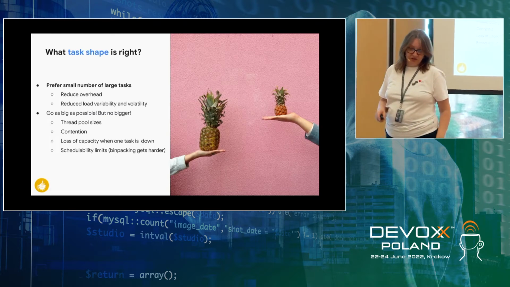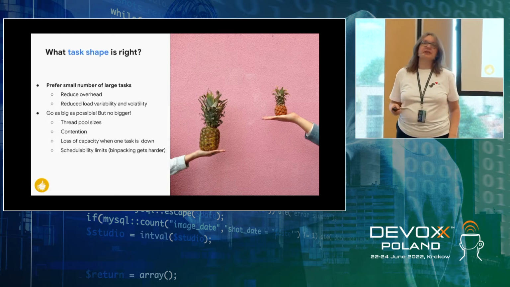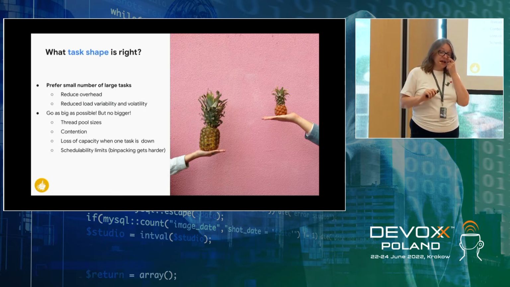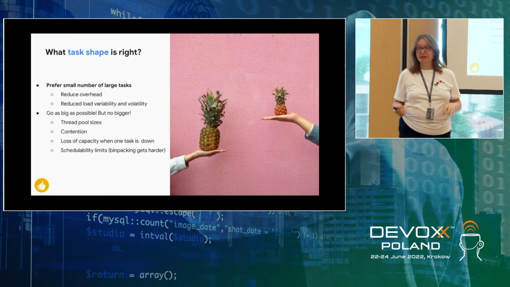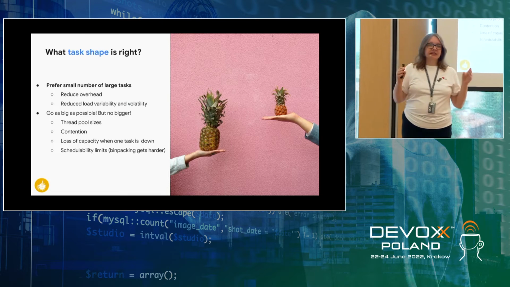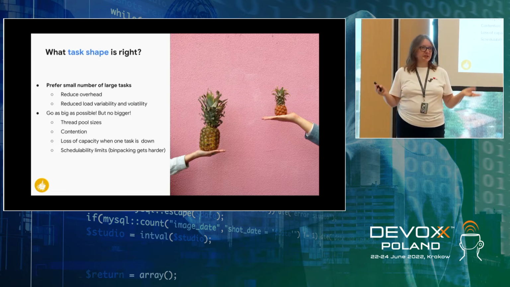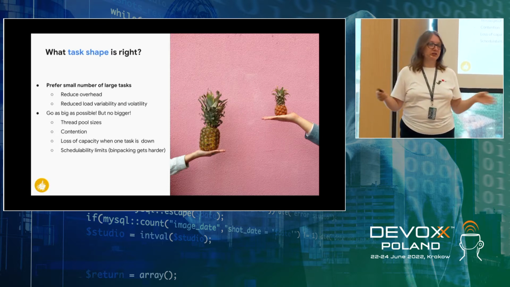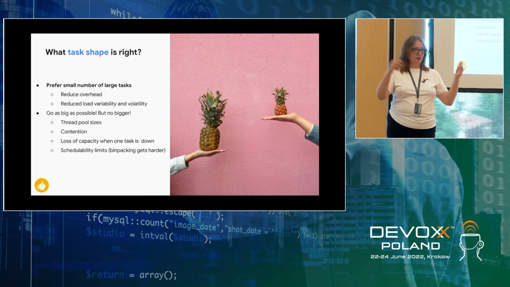Another question that the service owner has to ask themselves is what should be the shape of the task. You can get the same computational capacity in terms of CPU and memory either by having a lot of small replicas or just a few larger ones.